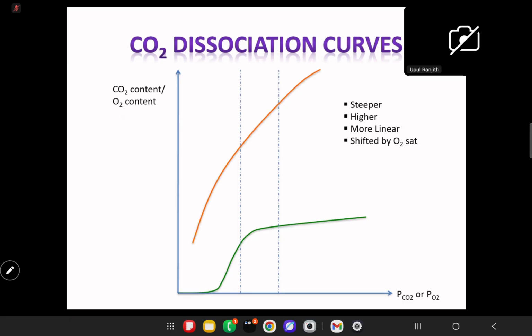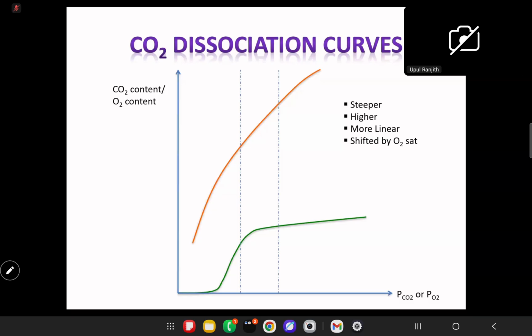Now, sometimes some books describe the carbon dioxide dissociation curve, but there is really no carbon dioxide dissociation curve, but still some books describe it. Now, if you look at the carbon dioxide dissociation curve and oxygen dissociation curve in the same graph, the orange one is the carbon dioxide dissociation curve, and the green one is the oxygen dissociation curve.